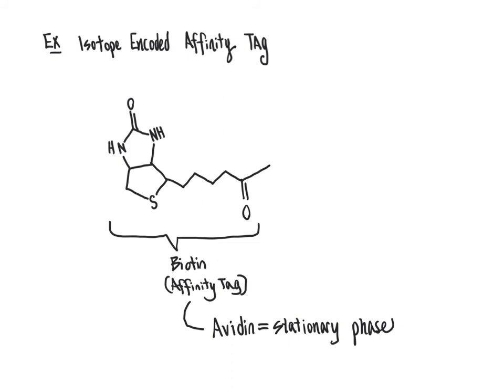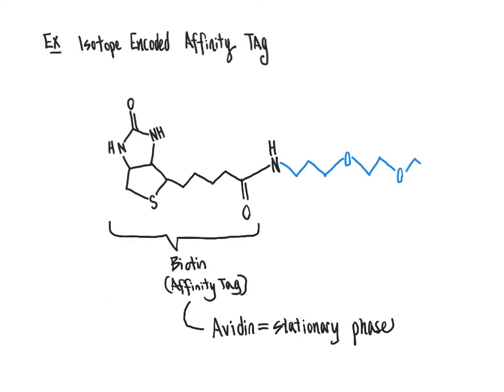So we have our biotin tag, and then the next portion of this molecule is that we link the biotin tag via an amide linkage here with what we refer to as the mass-encoded linker portion of our tag. So I'm going to just draw out an example of a common linker.